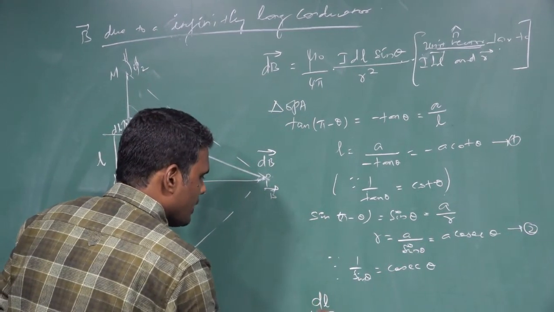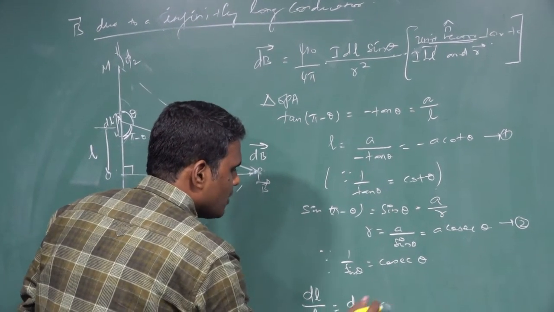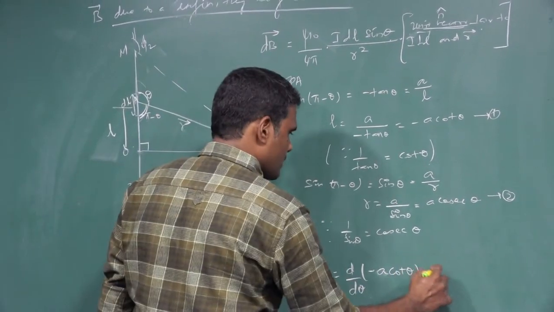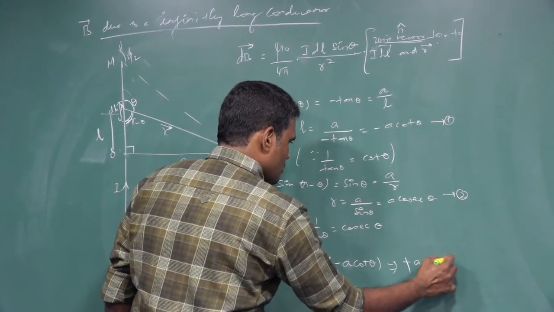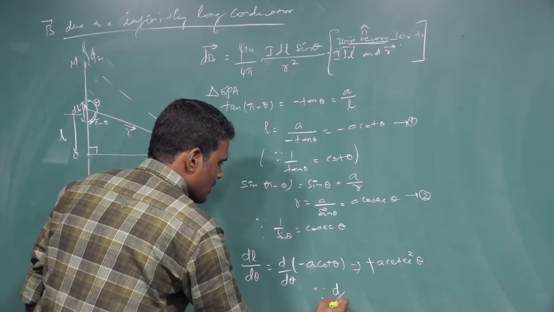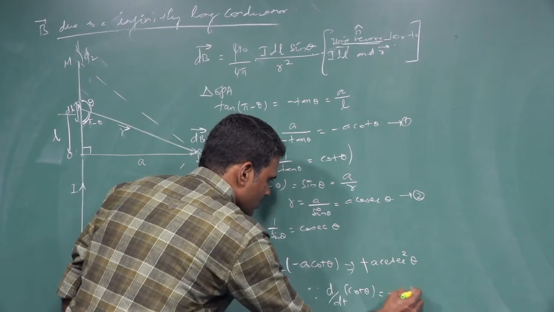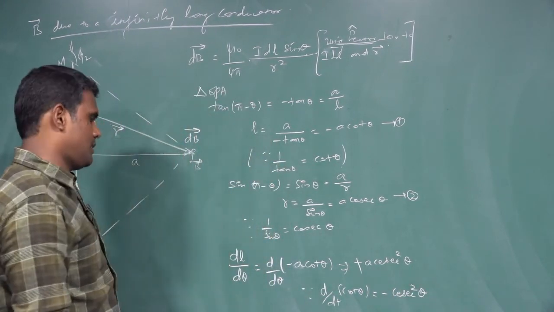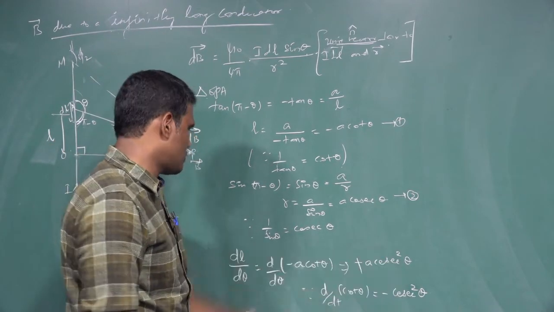So dl divided by d theta equals d by d theta of minus A cot theta. This is equal to minus of minus A cosecant square theta, since the differential of cot theta is minus cosecant square theta.